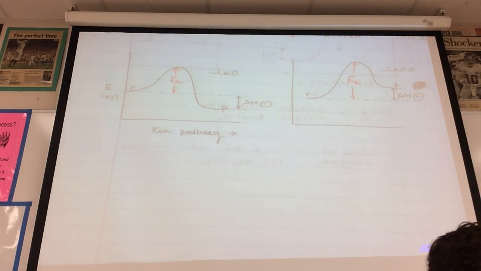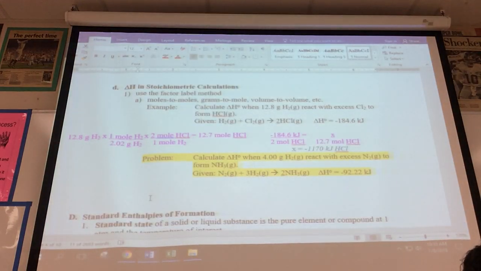Two other things I'd like to look at today, both of them very mathematical, both of them very straightforward. You can use changes in enthalpy stoichiometrically. You know that the delta H of formation is based on 1 mole, or any delta H they give you, you're really typically going to look at the products as well as its coefficient.